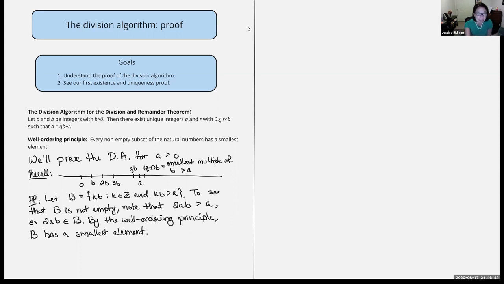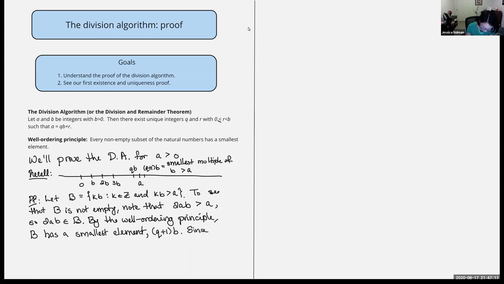I'm going to look at this picture that we drew, okay? And the picture says the smallest multiple of B that's greater than A, it will be handy for us if we call that (Q+1)B. It has the smallest element, and we're going to call it (Q+1)B. There exists one, and we can call it this, okay?